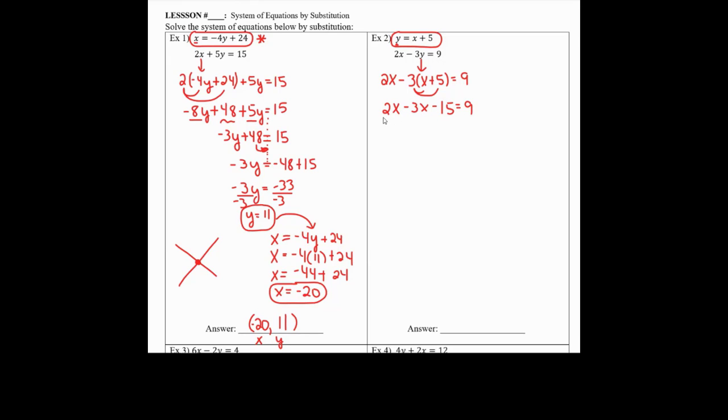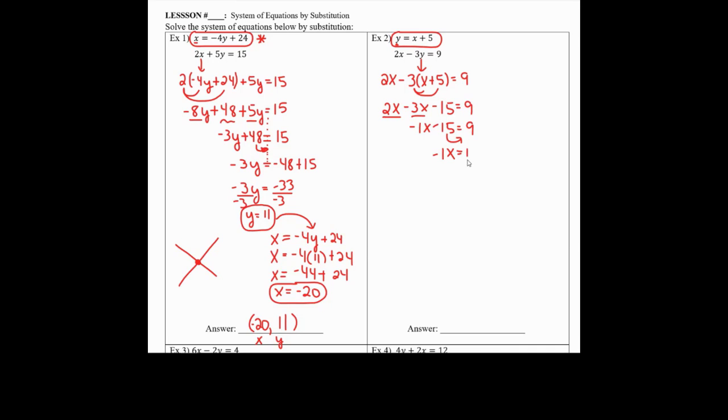Now we're going to combine like terms. Combine 2x with negative 3x. So 2 minus 3 is negative 1x. We bring down negative 15, equals 9. Now we're going to send the 15 to the other side. So this would be negative 1x.